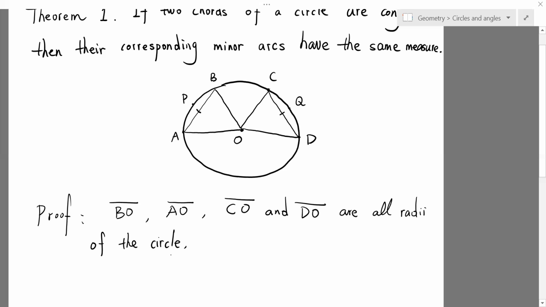Hence, we merely observe that all of them are congruent to each other, right?